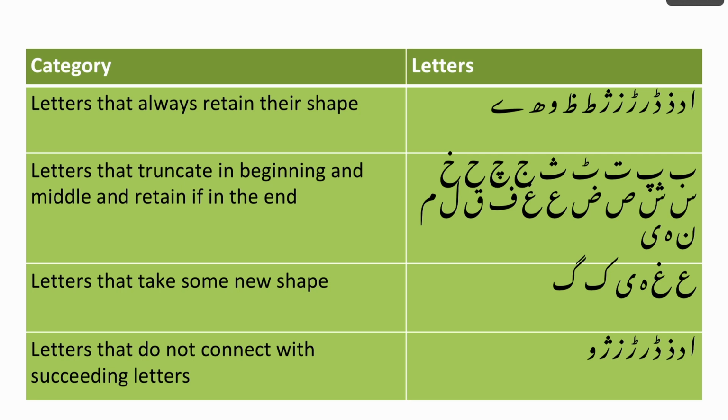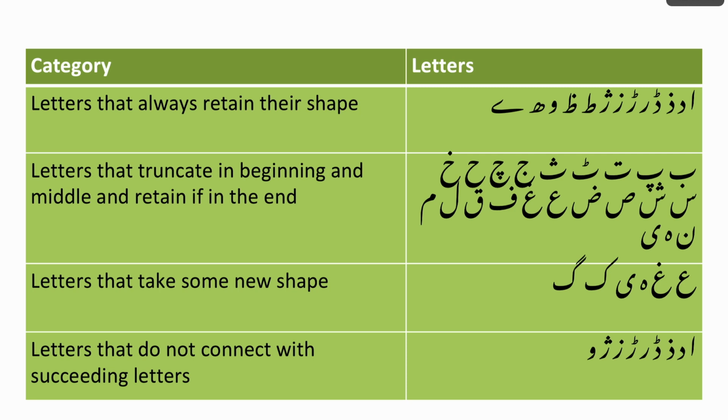Now, there are some which take slightly different shapes, unusual. We saw it. An, ran, choti he, choti ye, kaf, gaf, right? And there are obviously letters that do not connect with the subsequent letters. We saw it very well. Aleph, Dal family, Re family, and Vav. So these are the rules. Very, very important for you to thoroughly review it.